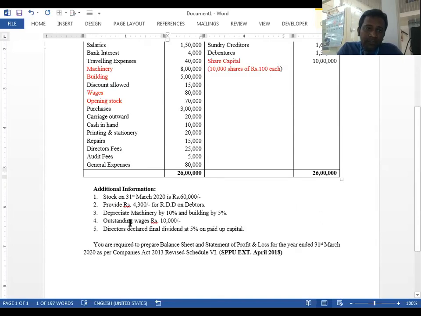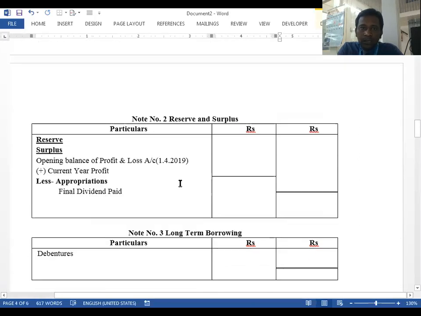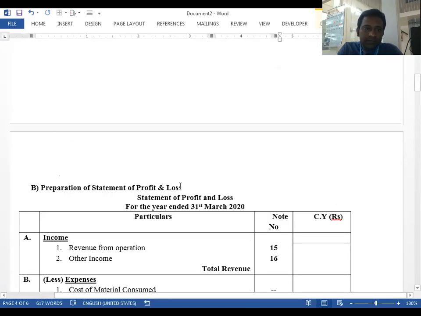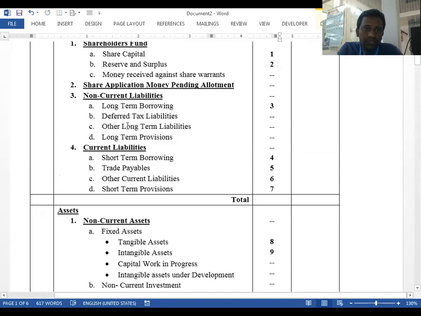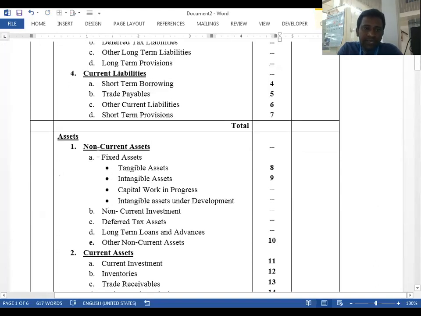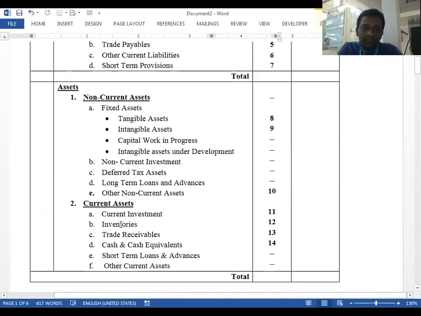Similarly, keep in mind there is one adjustment regarding the RDD, 4,300. So first we find out the place of sundry debtor. Basically, sundry debtor falls under current assets, so we observe the heading of current assets.